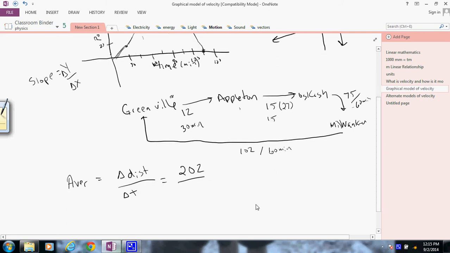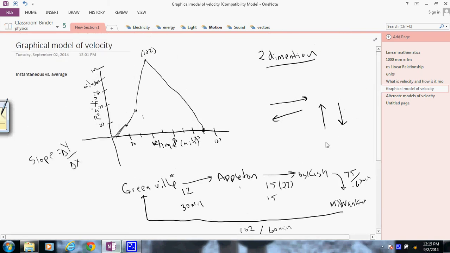All right, so that would be 120 plus the 15 plus the 30, and then we have 165 minutes. 165. All right. Now, in this case, this is our average velocity. Well, average speed, you should say.